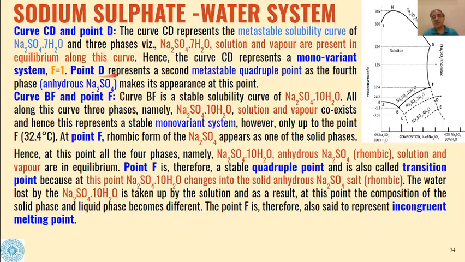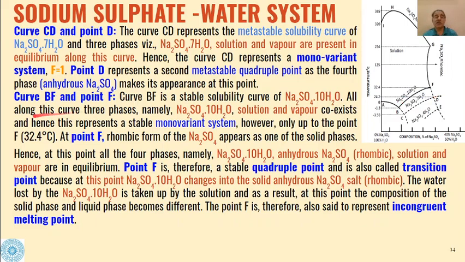But as the point D reaches, which is a second metastable quadruple point, then here the heptahydrate will change into anhydrous sodium sulfate. So anhydrous sodium sulfate will make its appearance at this point.